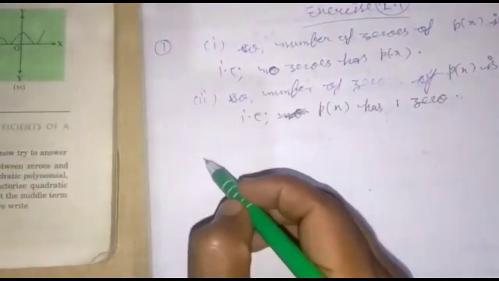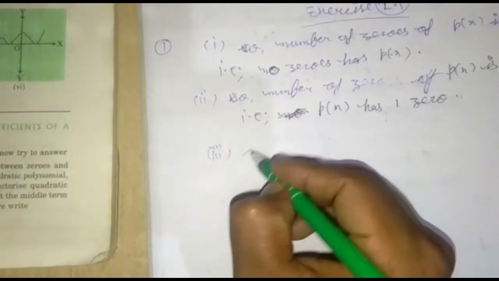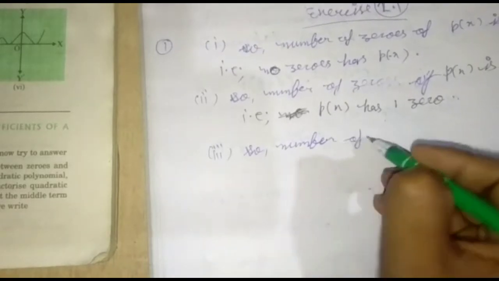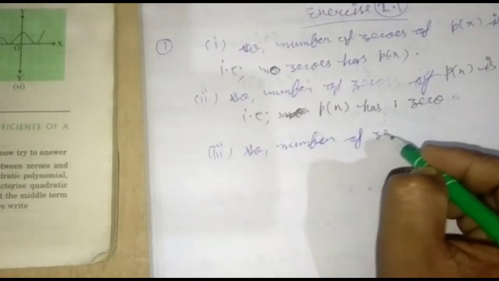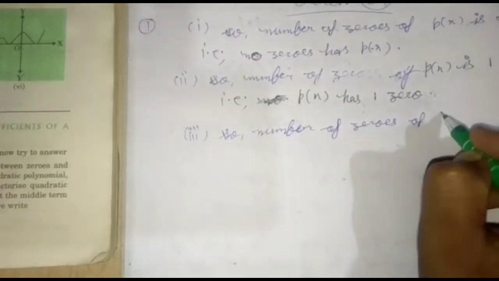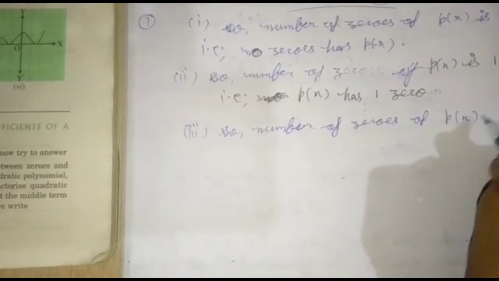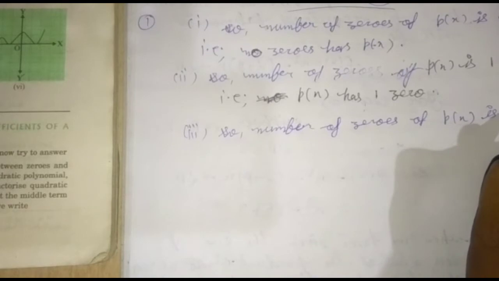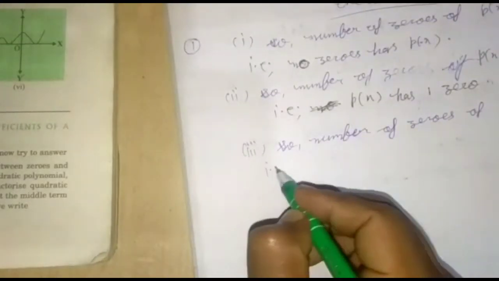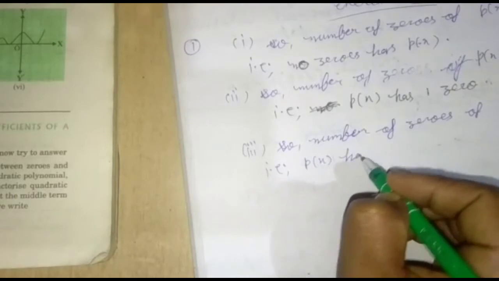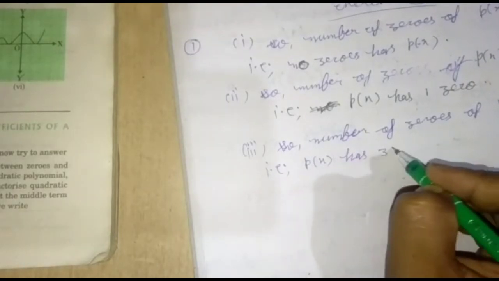So we write our third solution: the number of zeros of p(x) is 3, that is, p(x) has 3 zeros.